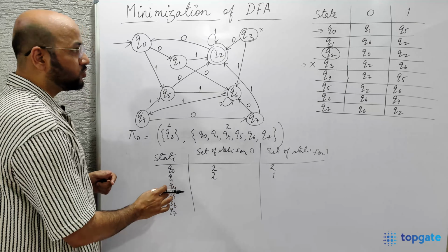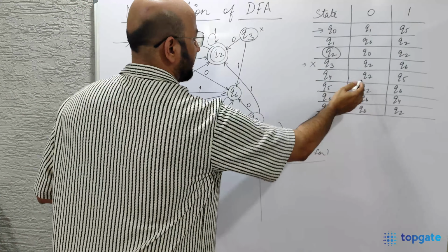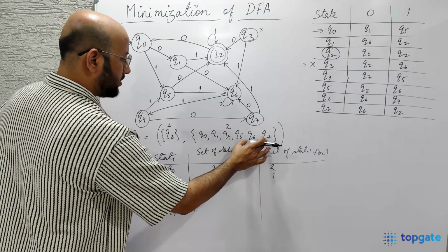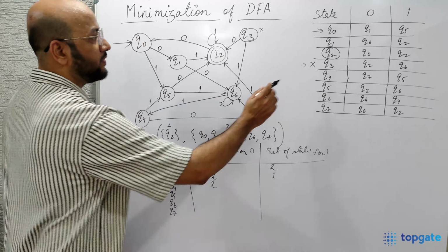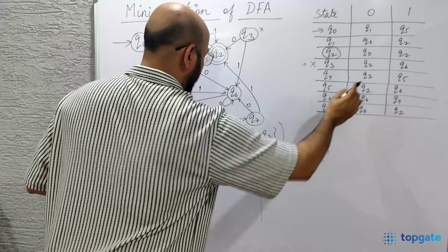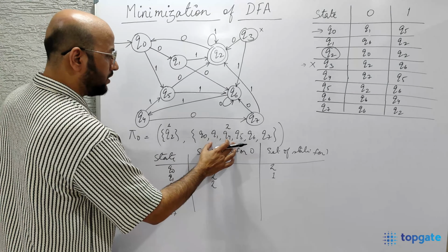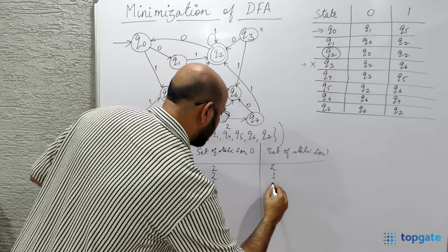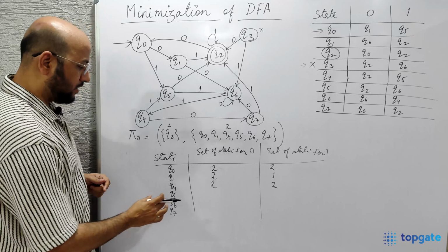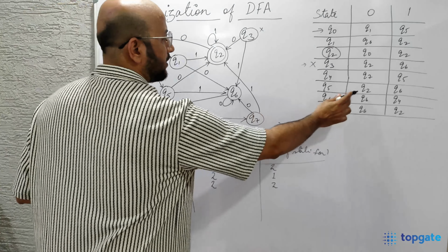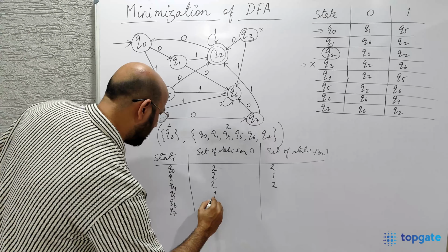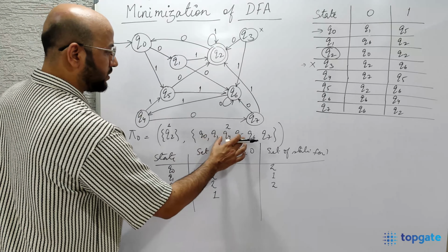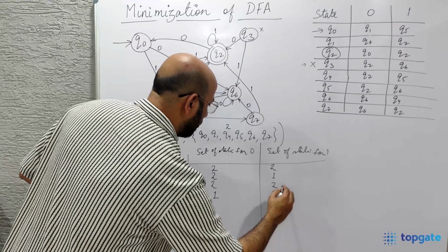Similarly for Q4: I'm getting Q7, which is set number 2, so I will write set number 2. And then Q5, which belongs to set number 2, so I will again write set number 2 here. Now for Q5, I'm getting Q2 and Q6. Q2 is set number 1, and Q6 is set number 2.